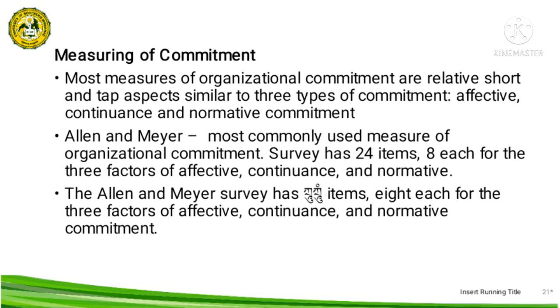The Allen and Meyer survey has 24 items, eight each for the three factors of affective, continuance, and normative commitment. Eight questions sa affective, sa continuance, and normative. There are examples of questions here.